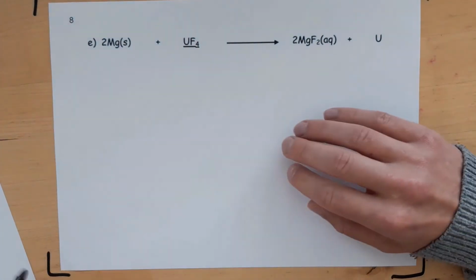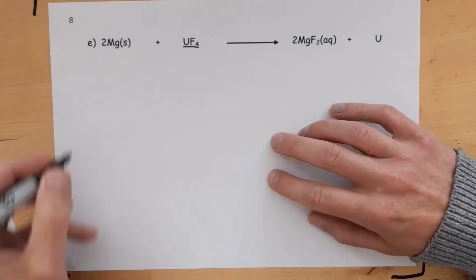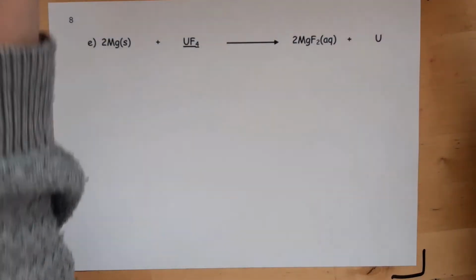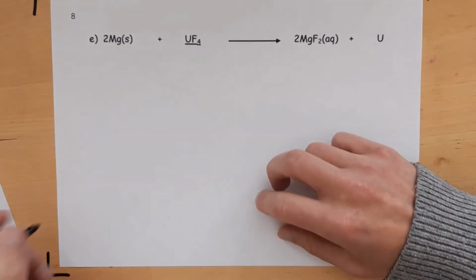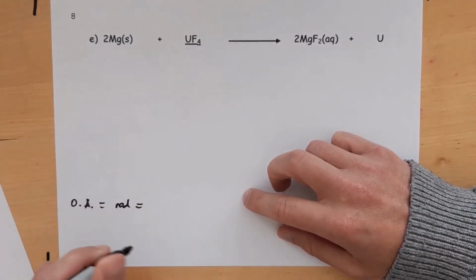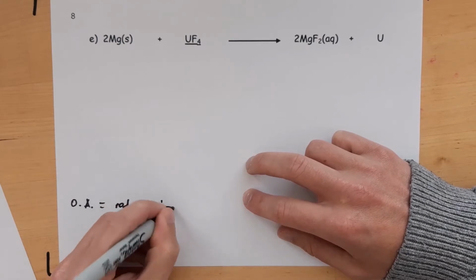Okay, I think this is the last one for this little section. Again, oxidizing agent equals reduced equals gains.